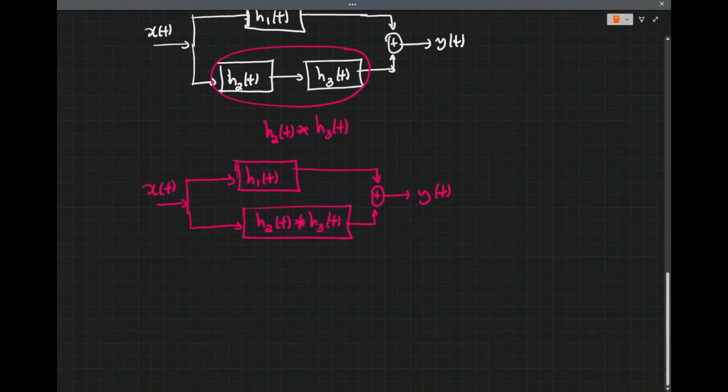So this implies the overall impulse response, right?